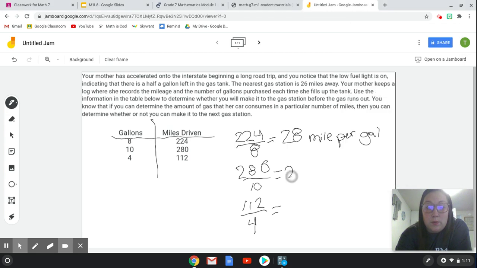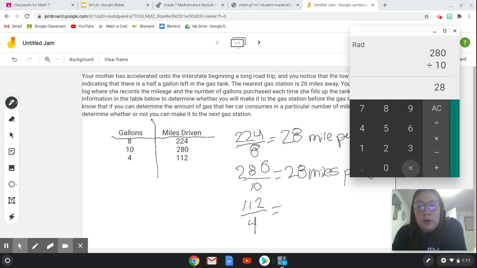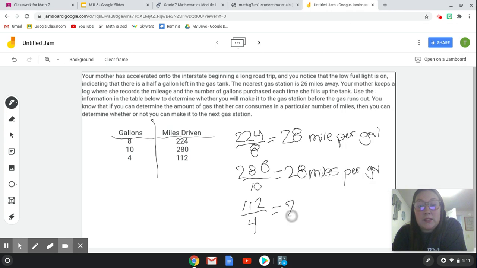Okay, I have 28 miles per gallon. So things are looking good because the first 2 are the same, but we have to make sure all 3 are the same. So I'm going to go ahead again, 112 divided by 4, and that equals 28. So again, 28 miles per gallon.